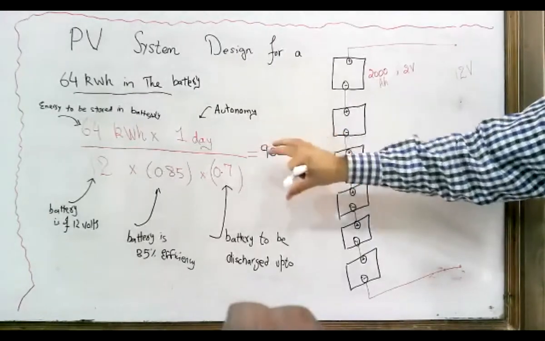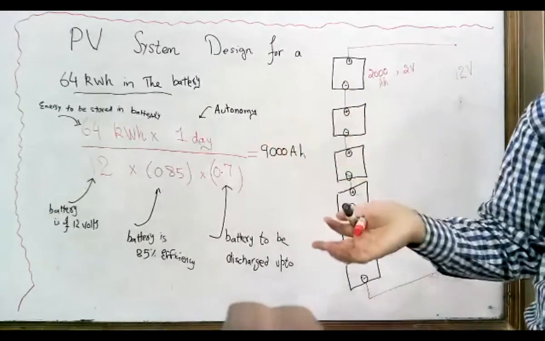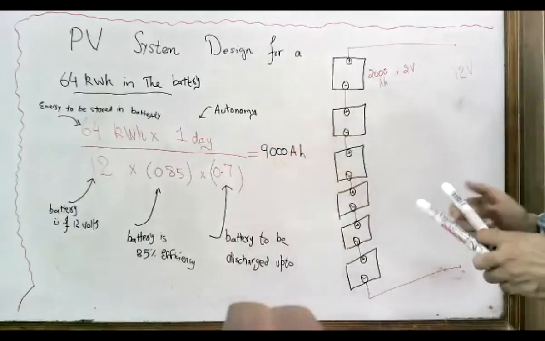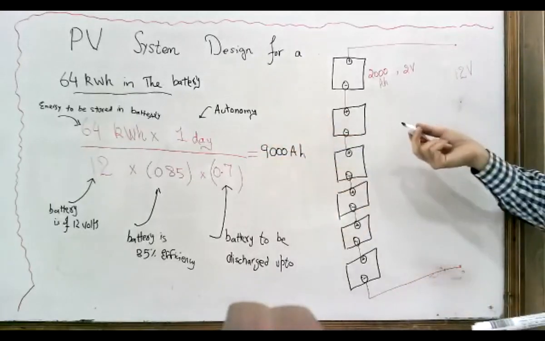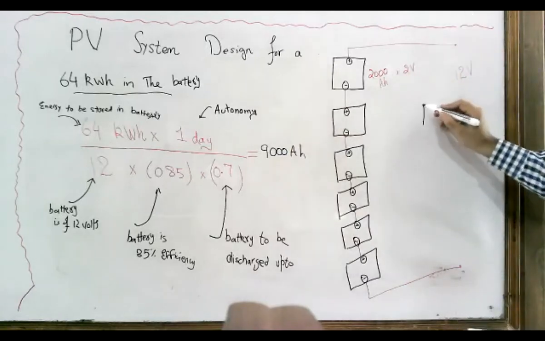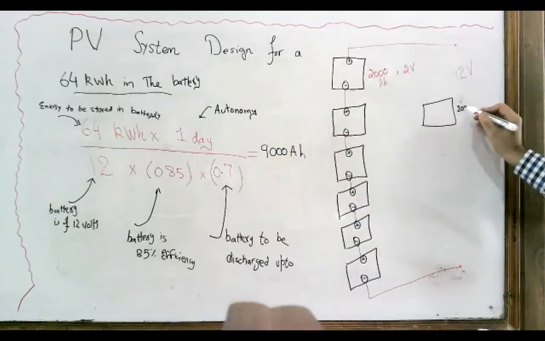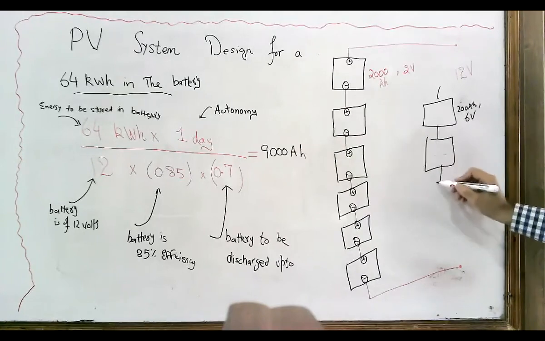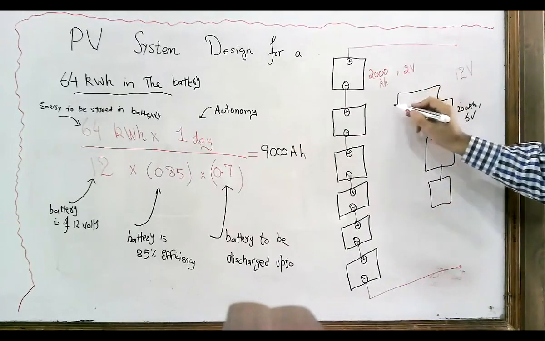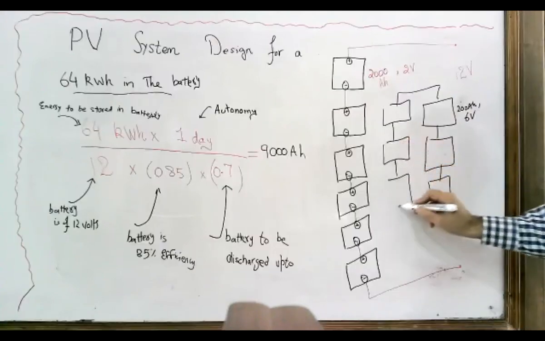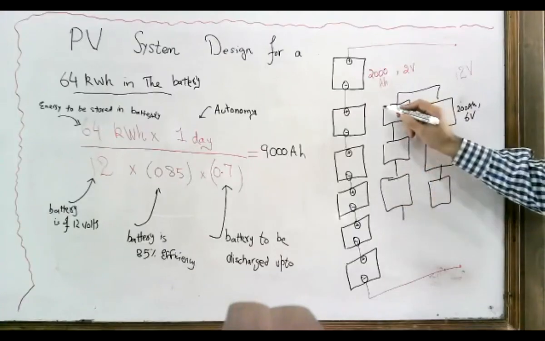It is also possible that you may choose a single battery of 200 ampere hour of 6 volt each, and you may select any series or parallel combination of the batteries based on your requirement.